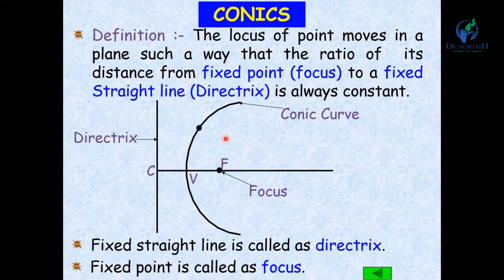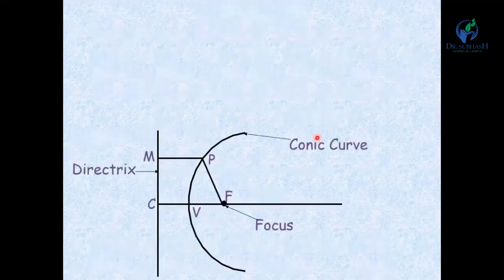Now if you take one point P on this conic curve, join PF. The distance of the point P from the directrix is PM, and the distance of the point P from the focus is PF. As per our definition, the ratio of its distance from the fixed point to the fixed line, that is PF by PM, is constant.